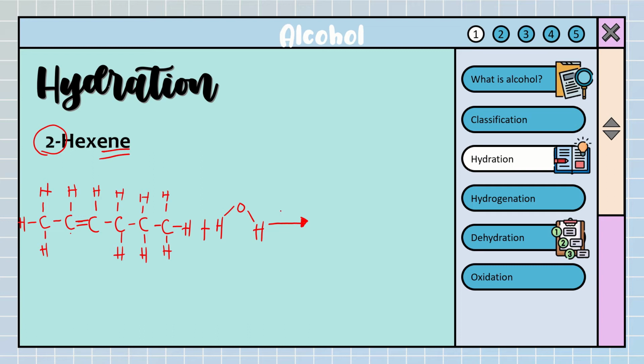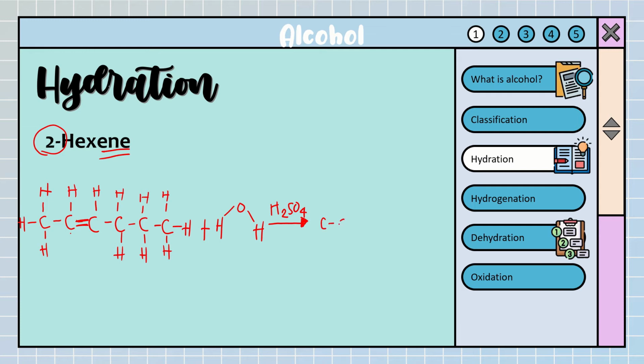To be specific, let's have one example of an acid: sulfuric acid. So what happens here is that again, the double bond will be broken down, allowing the water molecule to be added to our compound.